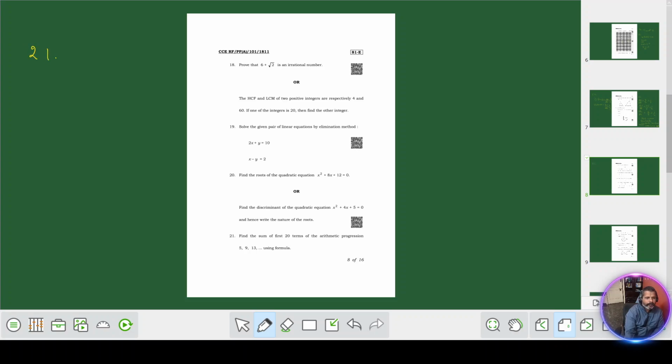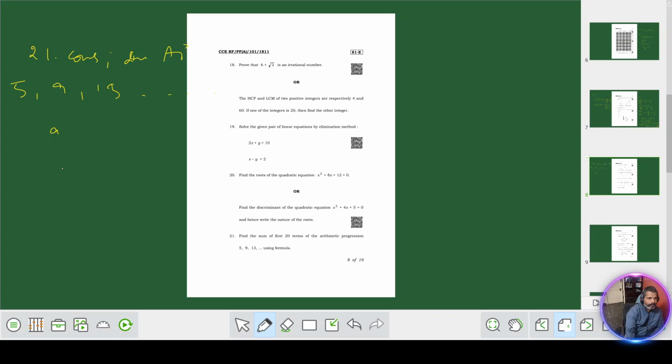In the given AP, find the sum of the first 20 terms. What is the AP given? Consider AP 5, 9, 13. Okay, this is the AP. Here a is 5, the first term.